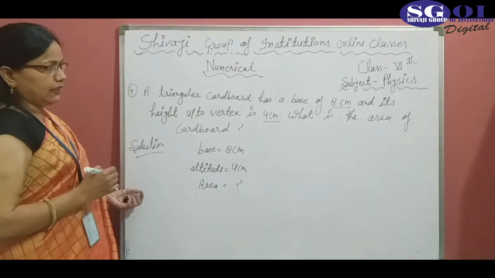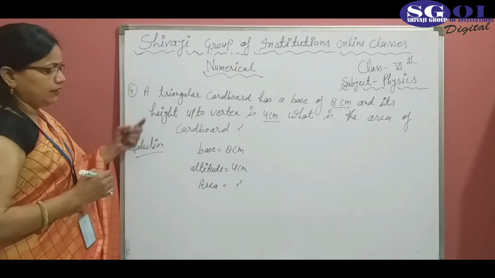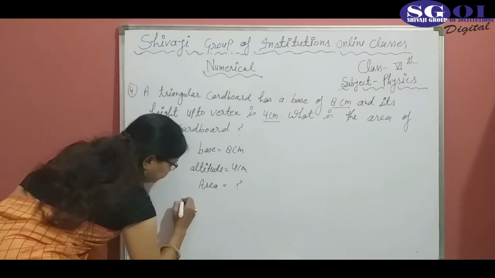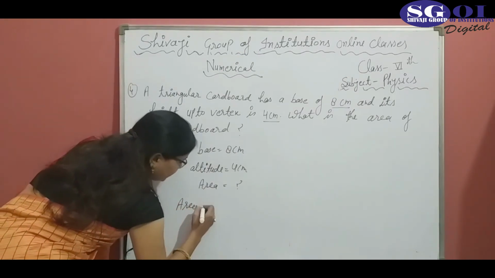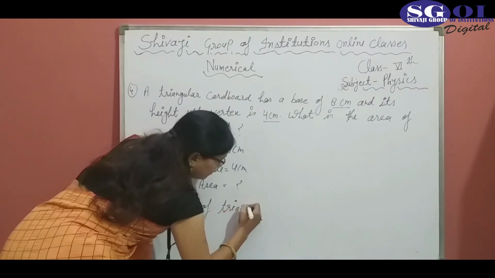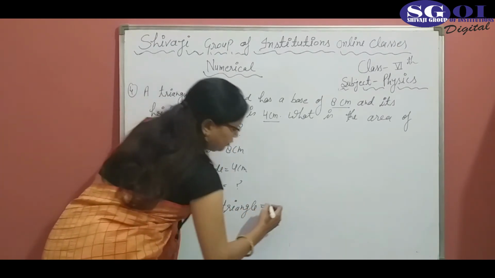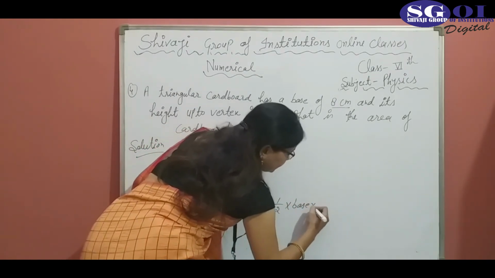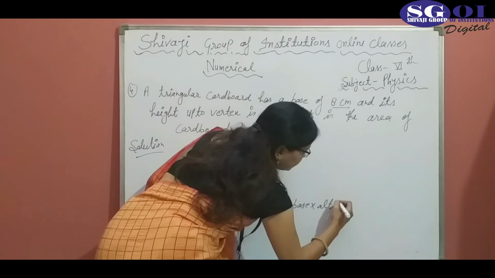Student, as we know that the area of triangle is equal to 1 by 2 into base into altitude.